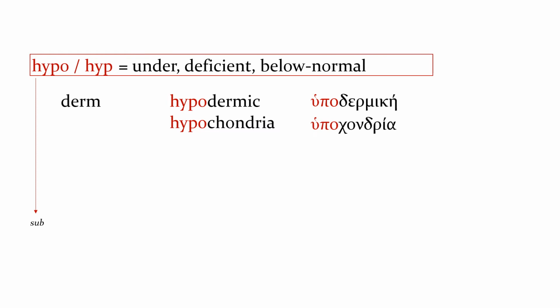Hypochondria, a word that has had different meanings over the years. Those of you who've been with me learning Greek for a while might know that chondria comes from the word chondros, which means fat, okay, having something extra on the ribs or something like that, but we're not going to get into the meaning of that here.